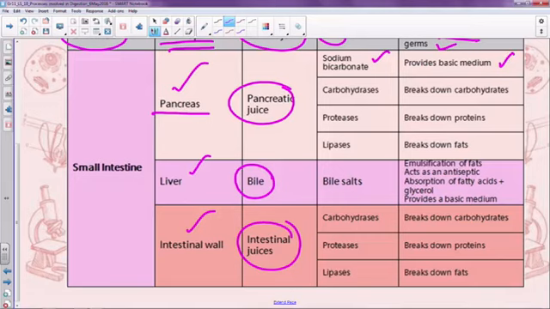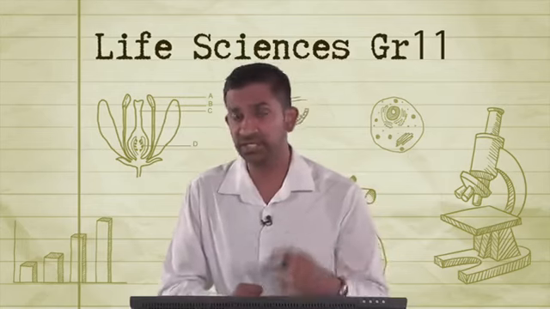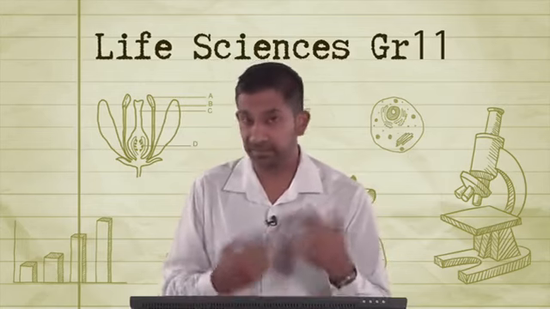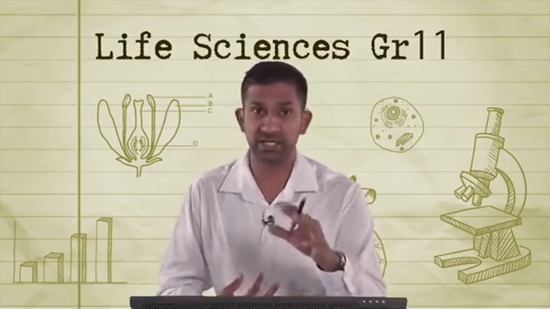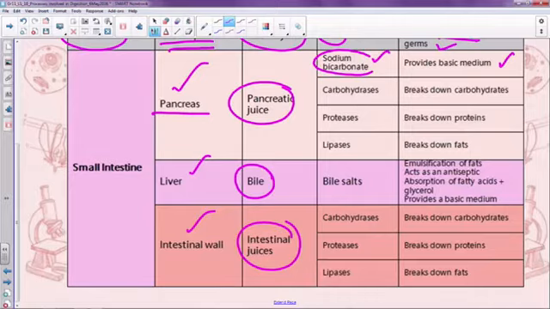And if you recollect, from the stomach, it's an acidic medium that enters the duodenum, which now needs a very alkaline or basic medium. And in order for those enzymes to function at that level, you need to have some mechanism to neutralize the acidic charge and convert that to an alkaline layer. And hence the sodium bicarbonate ions that are produced by the pancreas provide the basic medium for the effective functioning of the intestinal enzymes.